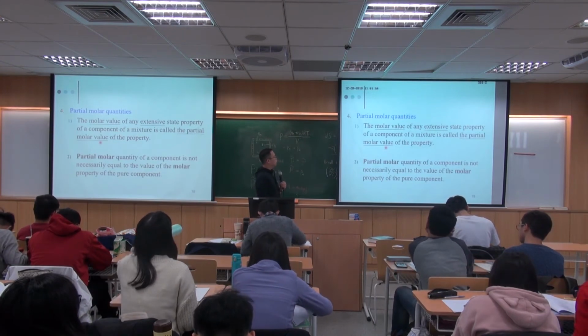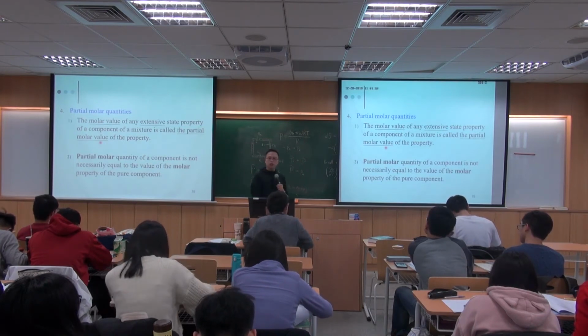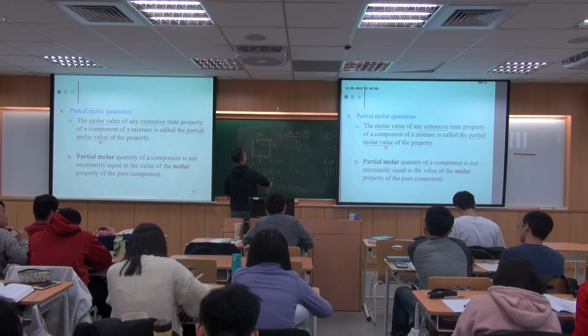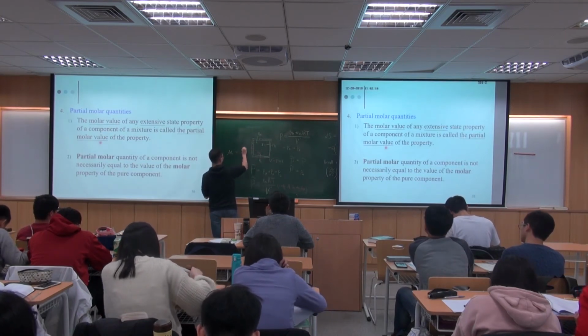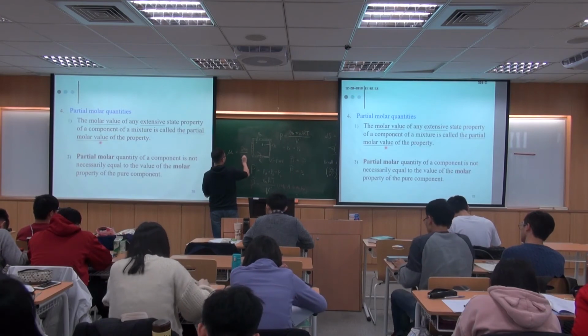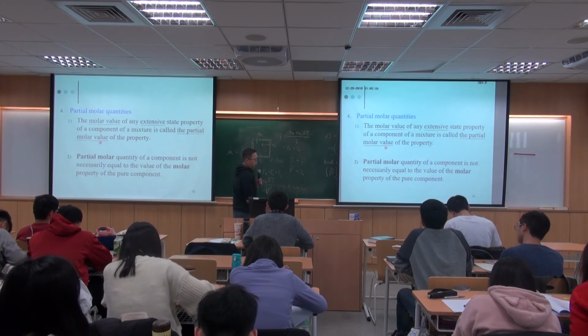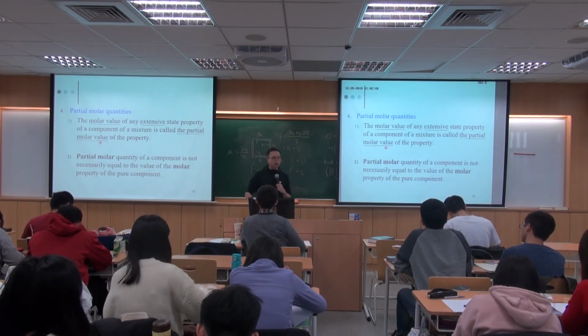We proved that the partial molar Gibbs free energy is the same as the chemical potential of that certain species, like partial G, partial N, which is related to mu i. If you still remember, the partial molar Gibbs free energy for a certain species is the chemical potential of that species. So that's one example.